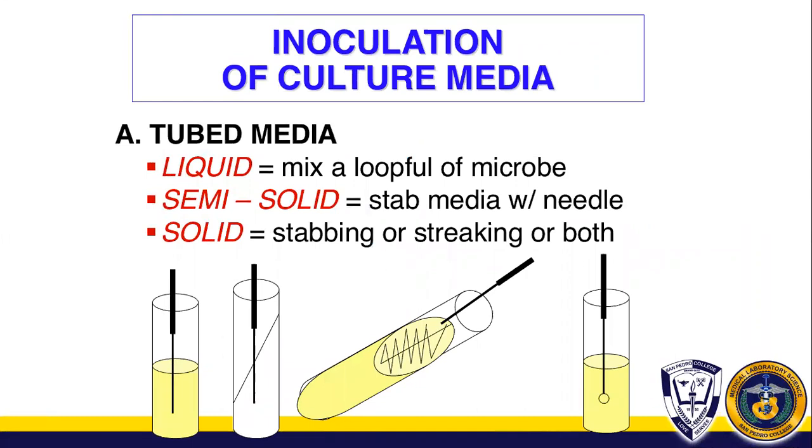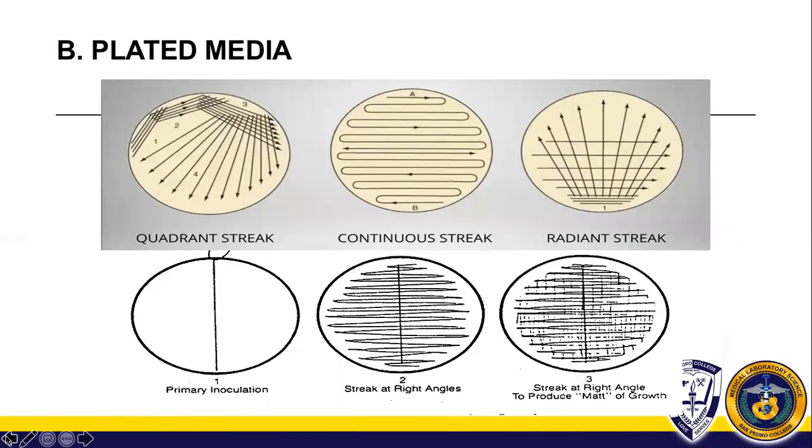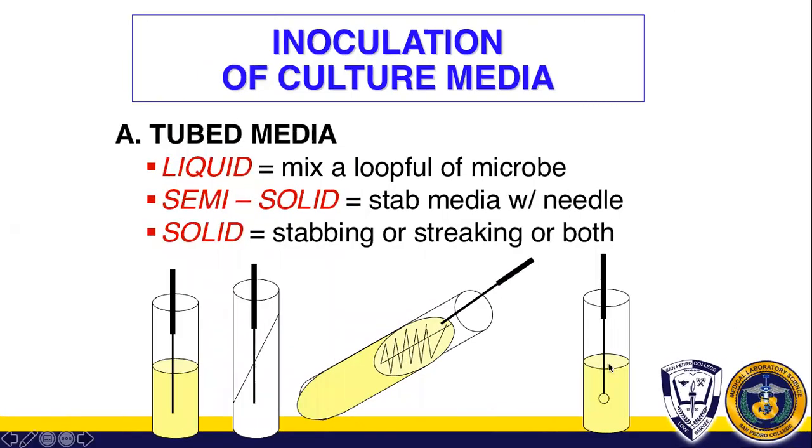So how do we inoculate pure cultures on culture media? How do we plant our organisms on culture media? It depends on the type of media based on distribution. If you have tube media and you have liquid or broth, inoculation is done by mixing a loopful of the microbe or the solution that contains the organism into the liquid media.